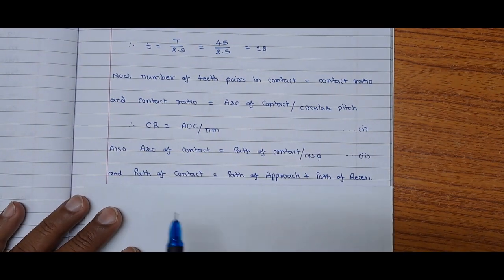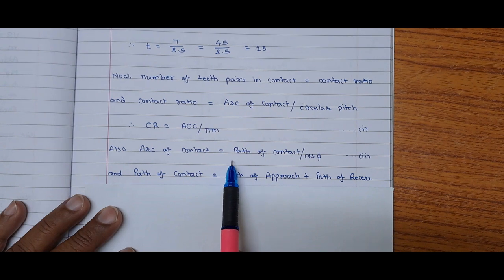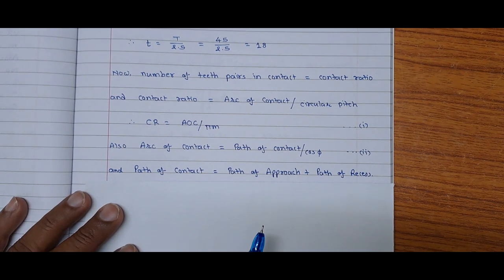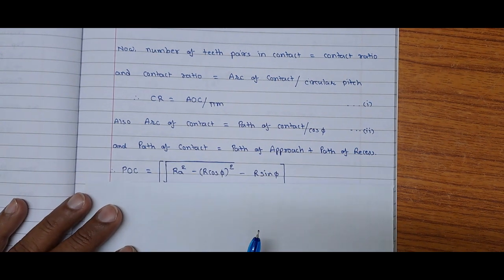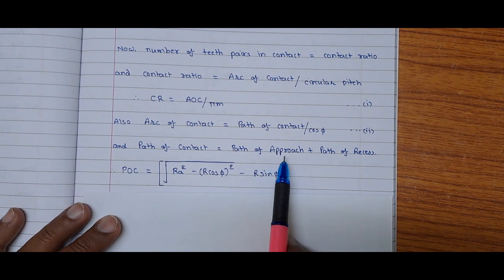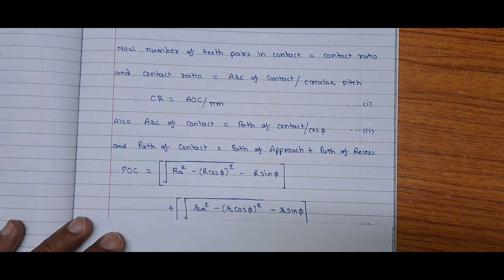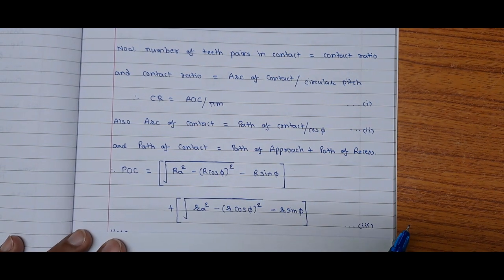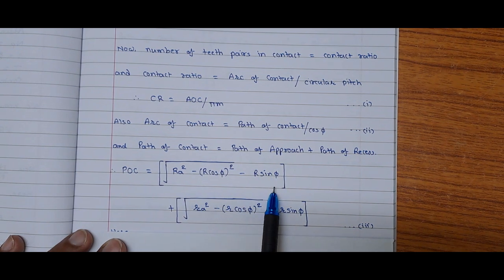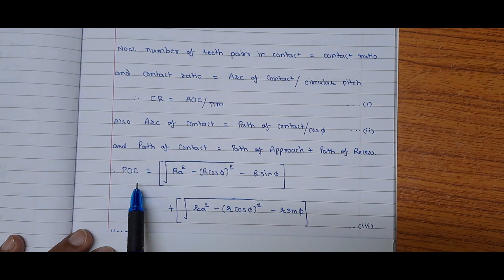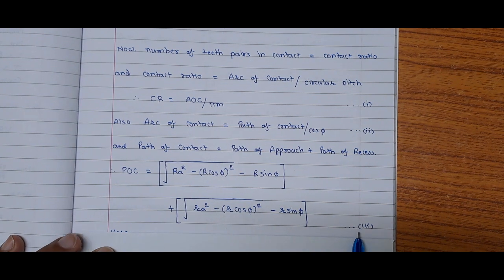And also the arc of contact is equal to path of contact upon cos phi, say relation 2. And the path of contact is given by path of approach plus path of recess. Substituting the known equations for path of approach and path of recess, the path of contact will be this relation, let us say number 3.